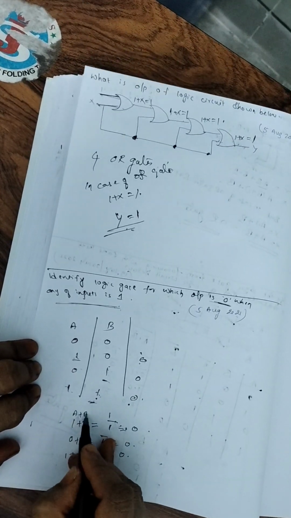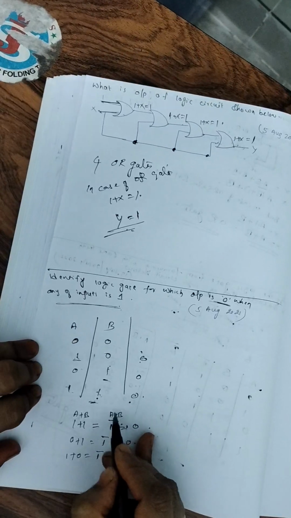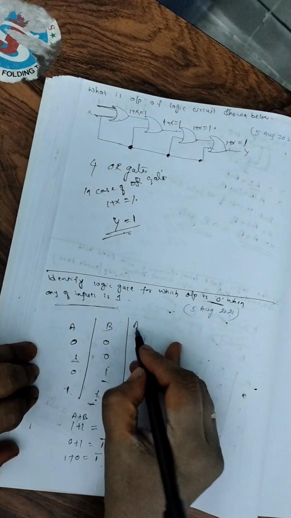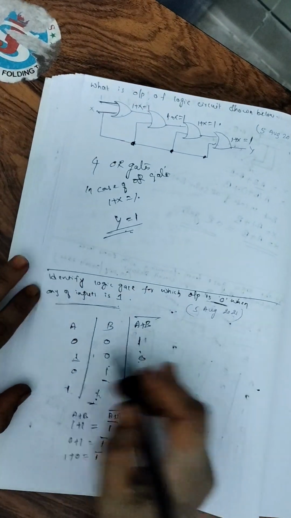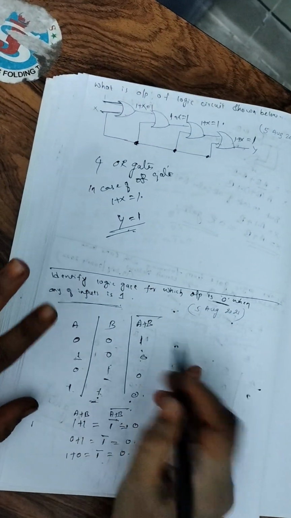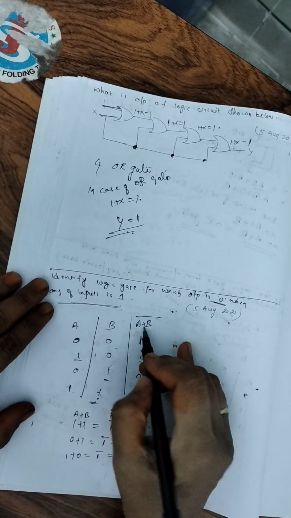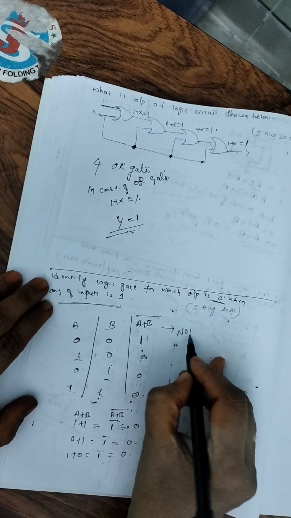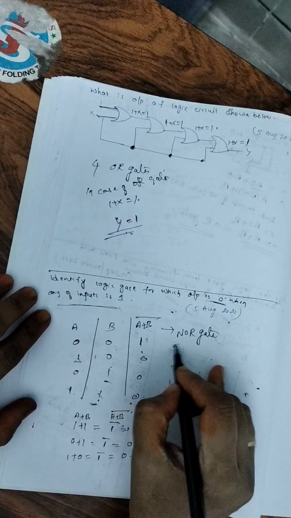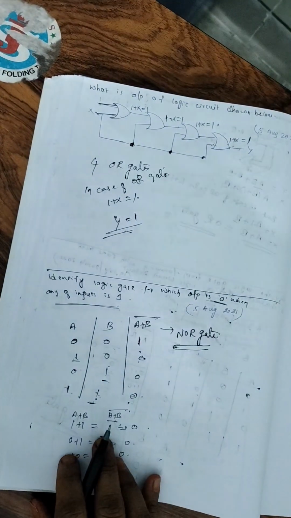And this is nothing but what is the formula? If this is A plus B, this is A plus B bar. So means here there must be A plus B bar. Here you will get 1. 0 plus 0, 0. 0 bar, 1. A plus B whole bar means what? It is the output of NOR gate. So what gate you are getting?